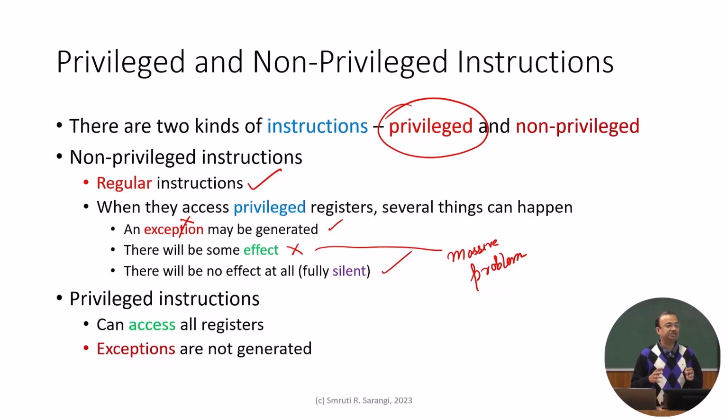Polymorphic basically means it has some effect when run in privileged mode and a different effect when run in non-privileged mode, and that effect is not an exception. So identifying such instructions and dealing with them becomes very tough, which is one of the single largest problems that virtual machine writers face.